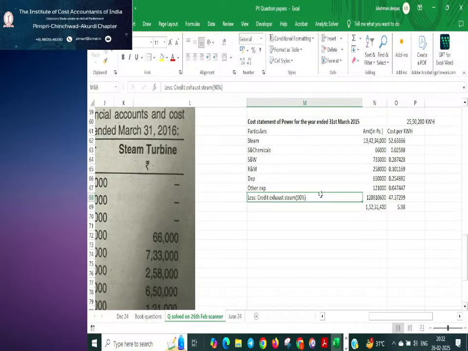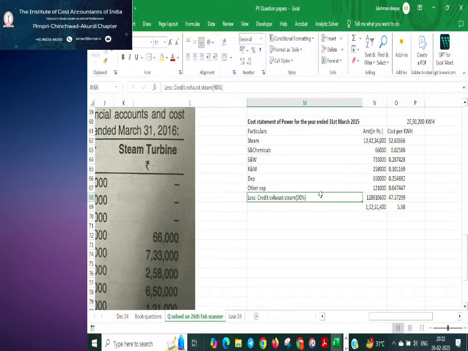This is how we make it, the cost statements. So I was able to explain this to you because I am handling these industries. So that is why I am actually aware of this, so it is much easier to explain. But when the industry itself is totally different, it's very difficult to find out such critical things. Only if we understand how the process goes on, we'll be able to do it.